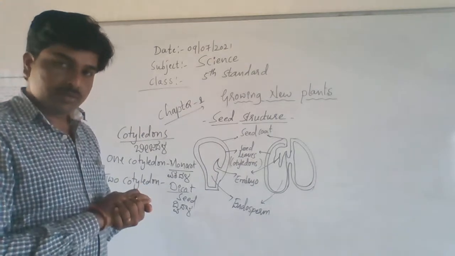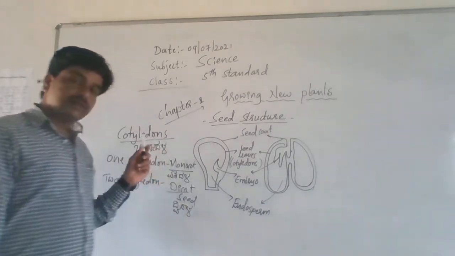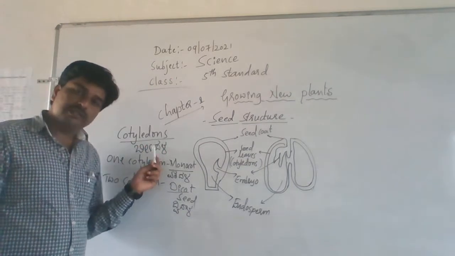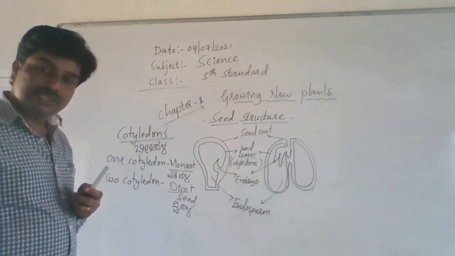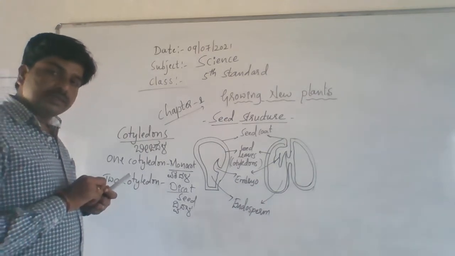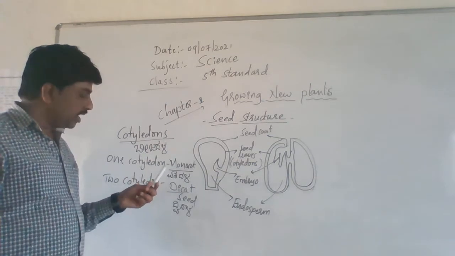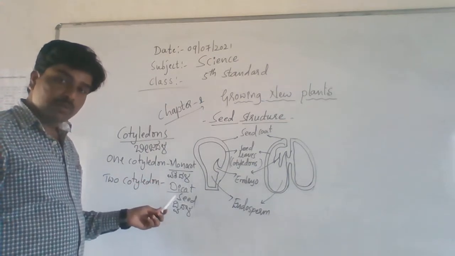Okay students, now you understand? Depending upon the cotyledons, seeds are classified into two categories: monopod seeds and dipod seeds.